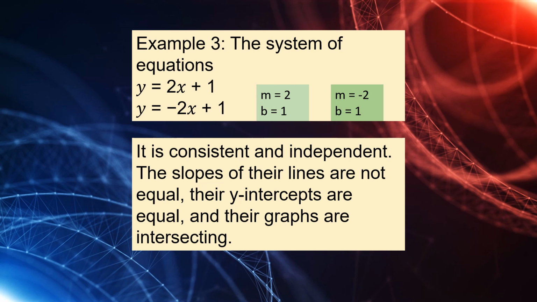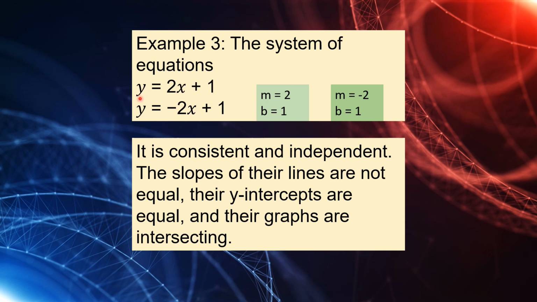Let's have another example. The system of equations y equals 2x plus 1 and y equals negative 2x plus 1. Since the equations are already written in y equals mx plus b, we can now easily determine or identify their slopes and y-intercepts.